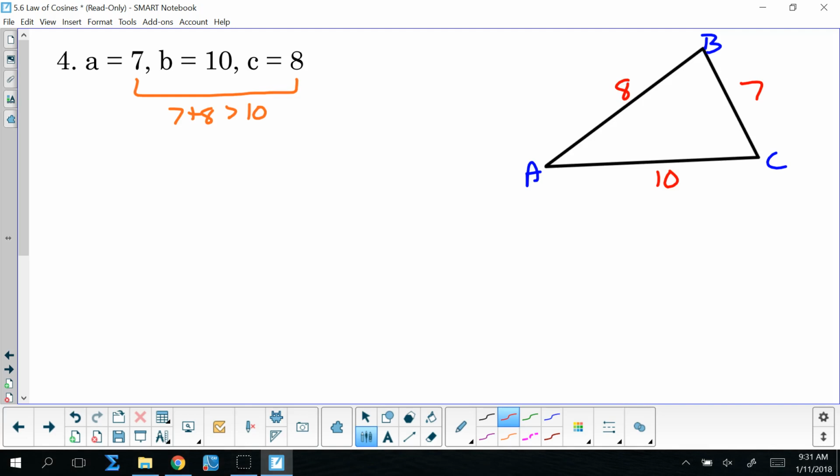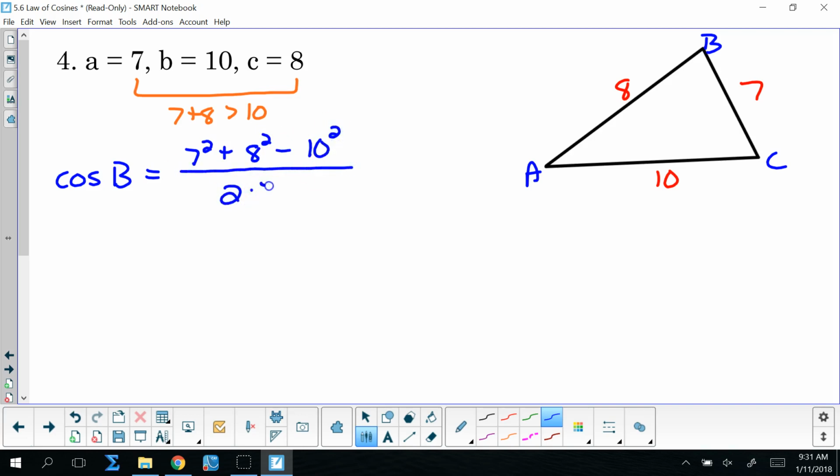So which angle am I going to find first? B first, because it's the biggest one. Law of cosines says we go big to small. So the cosine of B is going to equal A squared plus C squared minus B squared all over 2AC.